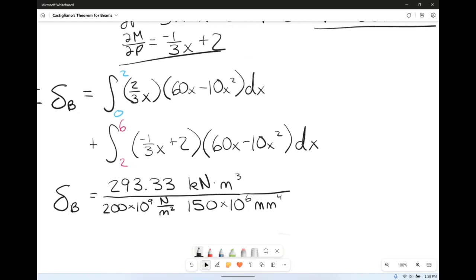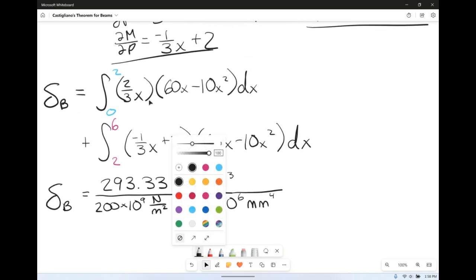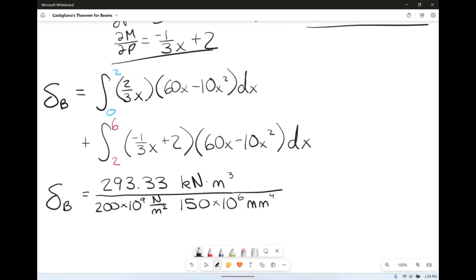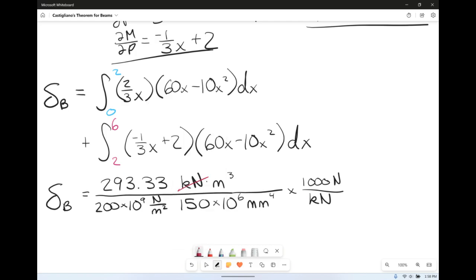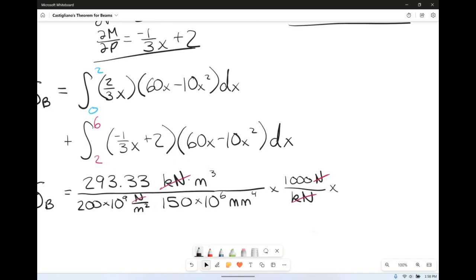So we have to clean up some units again. So we've got 1000 newtons per kilonewton, and that's going to cancel kilonewtons. That's going to cancel newtons. Then we've got millimeters and meters.